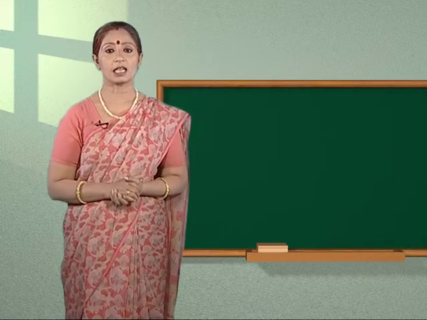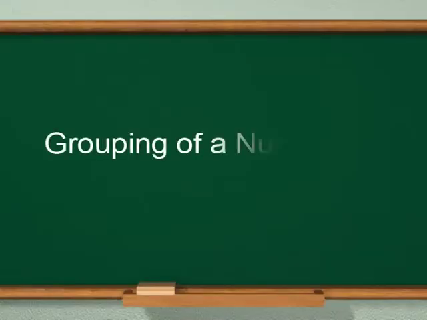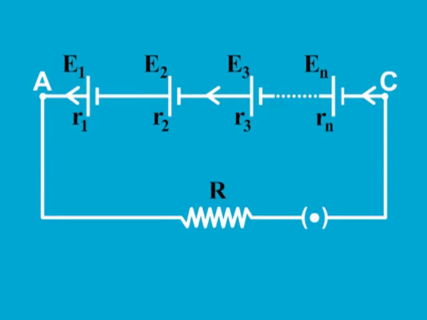I'll first take up the case of cells in series. Grouping of a number of identical cells in series. When n identical cells, each of EMF E and internal resistance r, are connected to the external resistor of resistance R as shown in this diagram, then the cells are connected in series.